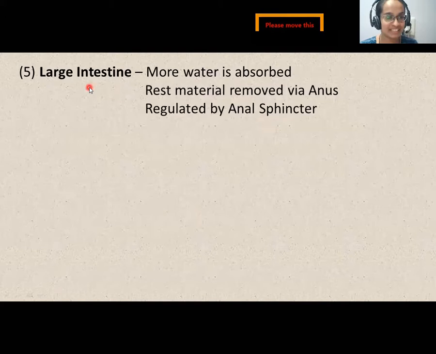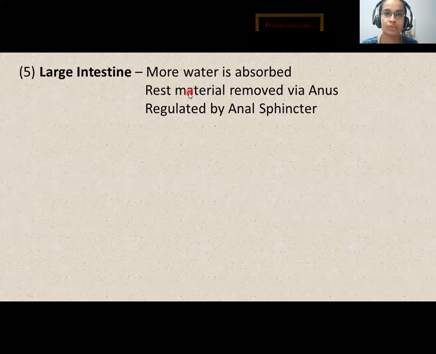Coming to the next, that is the large intestine. Whatever extra material, the unabsorbed food, is given to the large intestine. In the large intestine, the extra water in the unabsorbed food is absorbed, and the rest of the material, the solid waste, is removed by the anus.